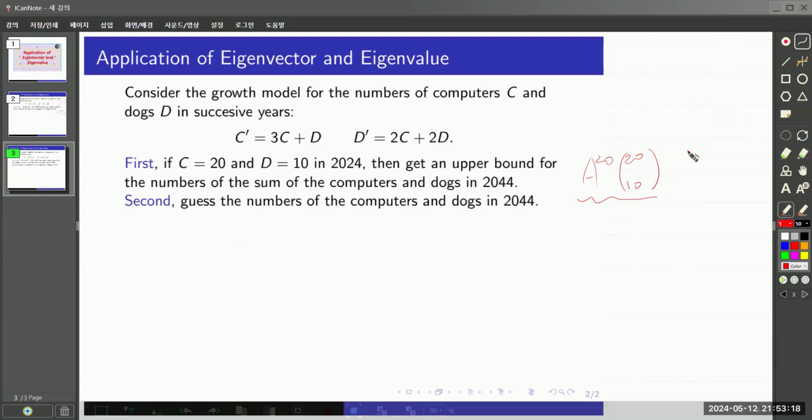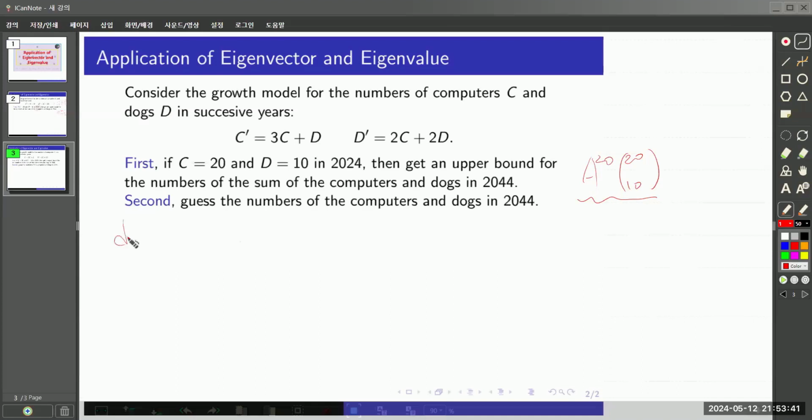It may take a long time. But if you can express the vector (20, 10) as a linear combination of the eigenvectors, then it's probably easy. So first, let's determine the eigenvalues of the matrix A.